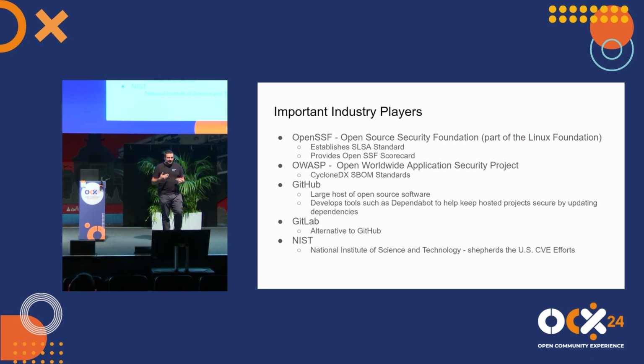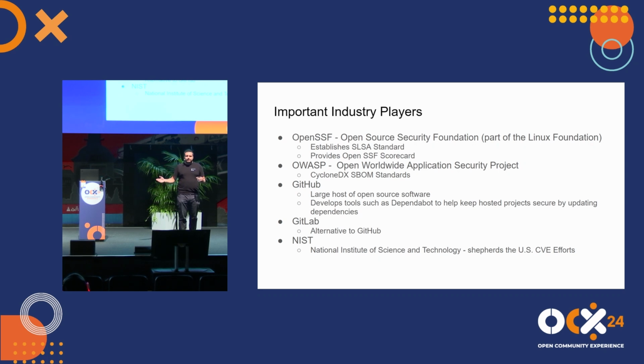The other really big name you should know is OWASP, the Open Worldwide Application Security Project. They're the people behind CycloneDX. If you've heard of a software bill of materials, great. If not, it's on the next slide. They established that standard for SBOMs, and they've also provided a bunch of tooling around it, including Dependency-Track, which enables you to take an SBOM and generate things like vulnerability disclosure reports.